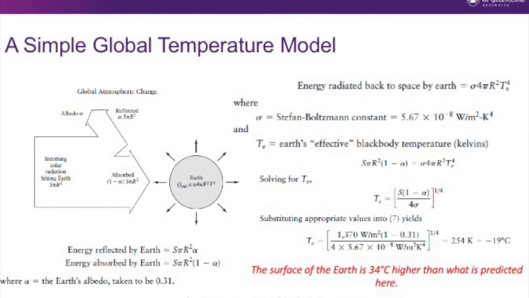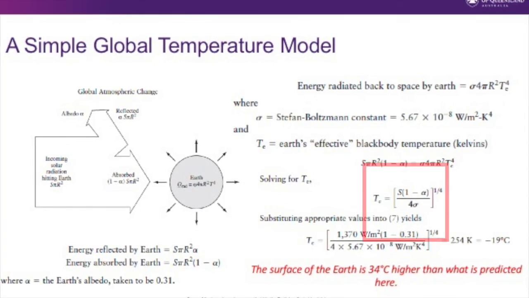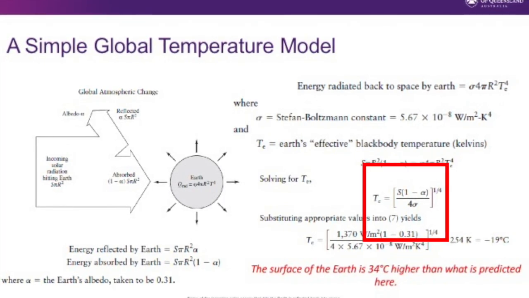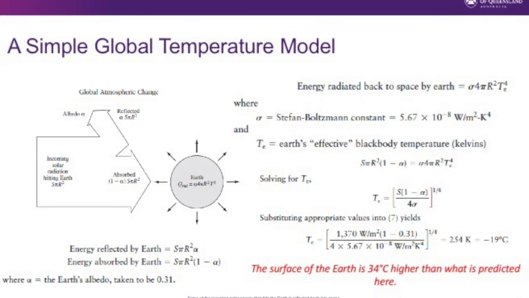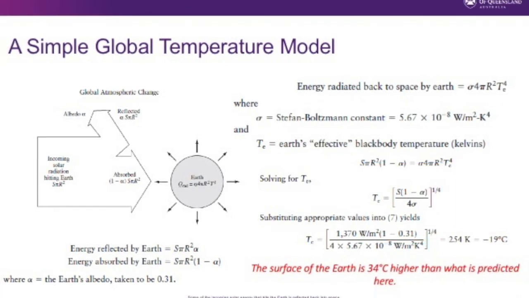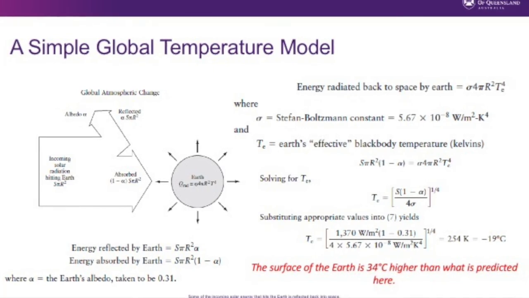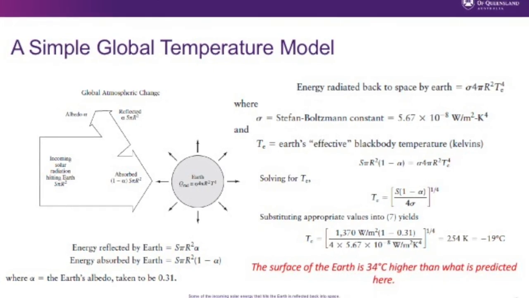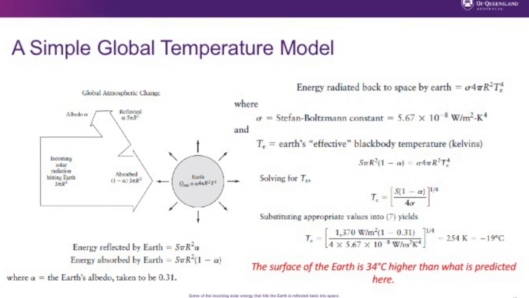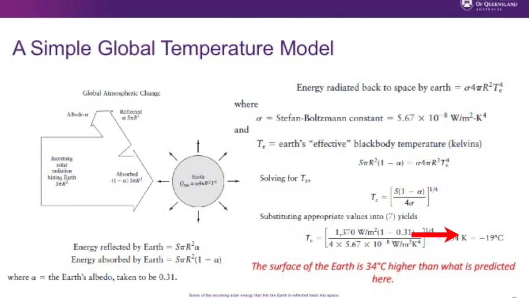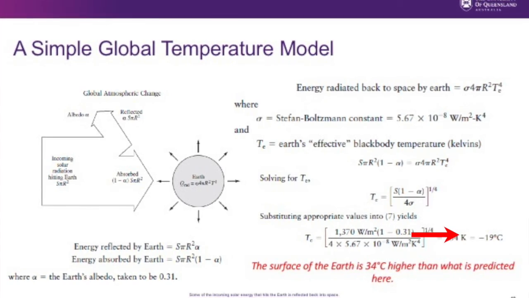And now we're going to solve for the temperature, T_E, which is T effective. And now we come up with this equation that tells us that the average surface temperature of the Earth should be about minus 19 degrees Celsius.